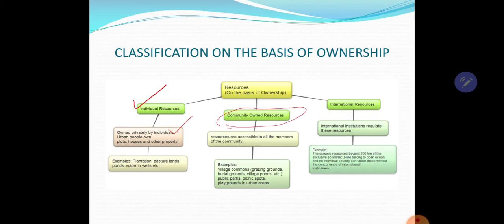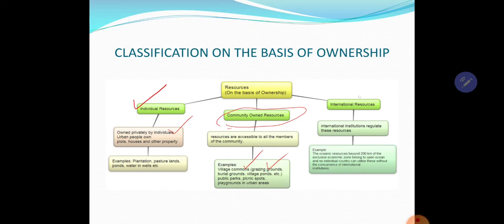Now, society, states, different communities, and their resources like common hall, municipal corporation grounds, public parks, picnic spots. All these things fall into community owned resources. In that, natural resources also can be counted, like your roads and other things.